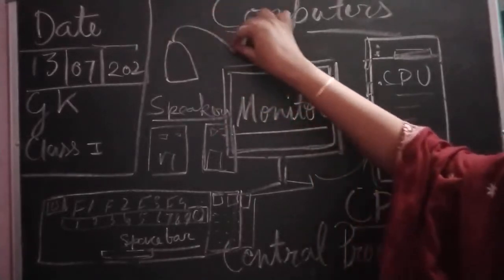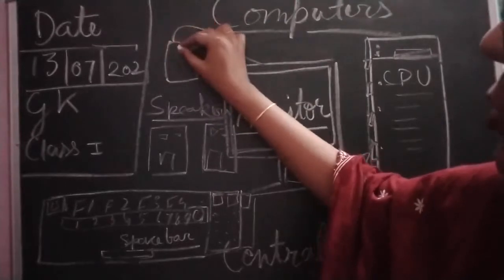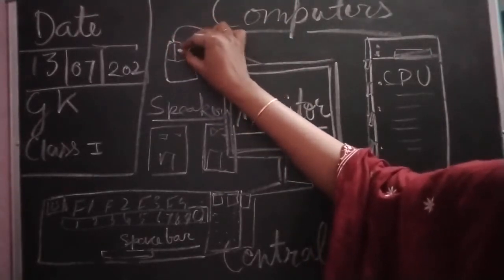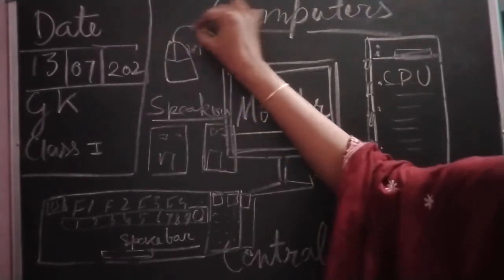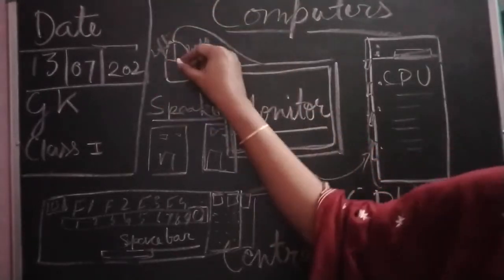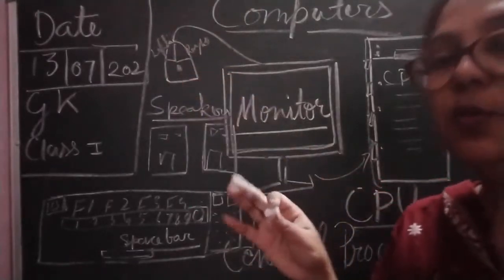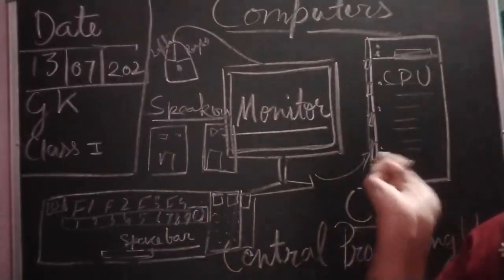a mouse. It has a wire which is connected with the monitor, and here you can see it has two parts. First is the right key and next is the left key, and from here you can see one light is switched on whenever we connect this mouse with the monitor.